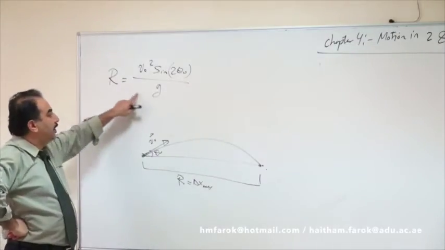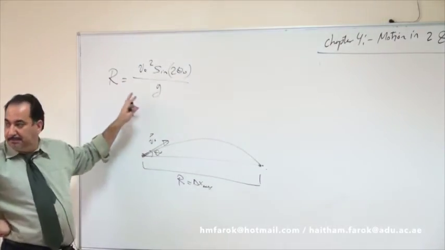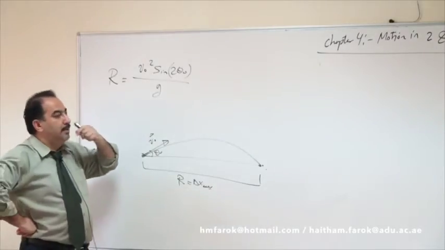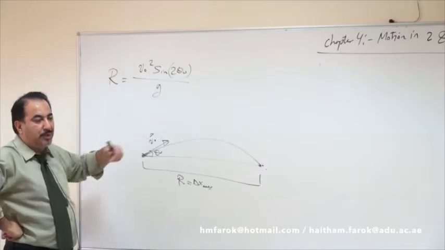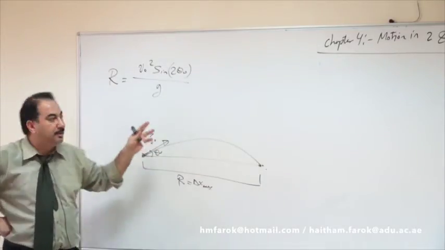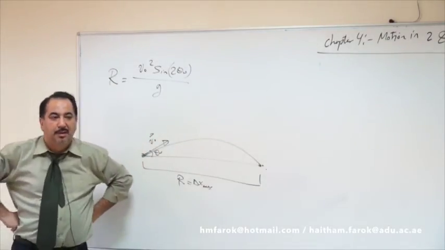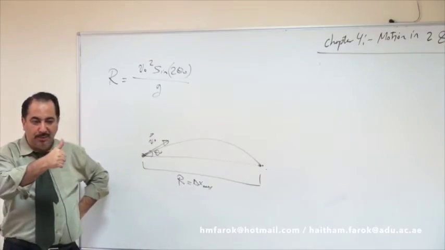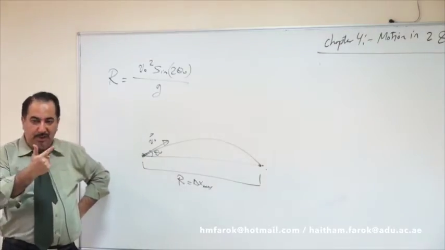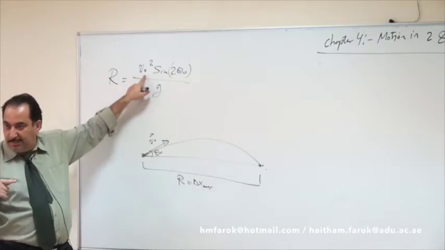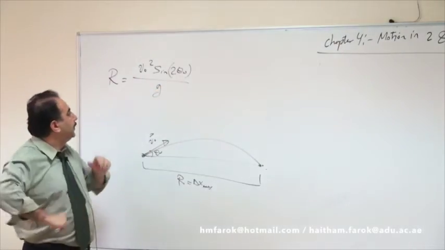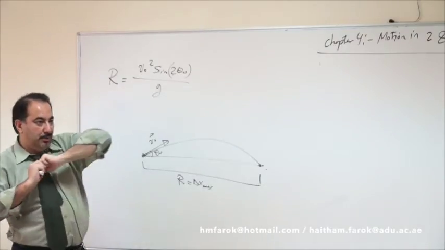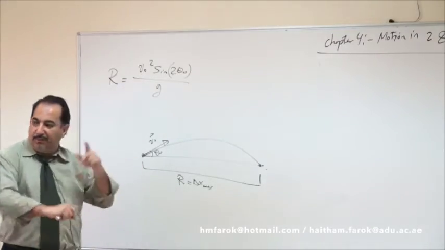Now, I want you to look at the equation here for R, the range, and tell me: the range which you want to calculate depends on what factors in the equation? It depends on the initial V naught and the angle. This is the initial velocity of throwing or firing.